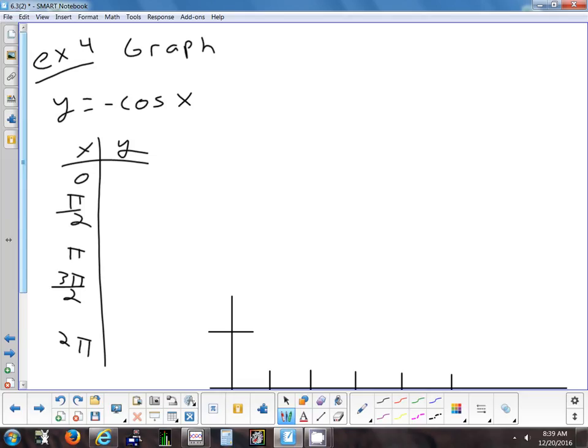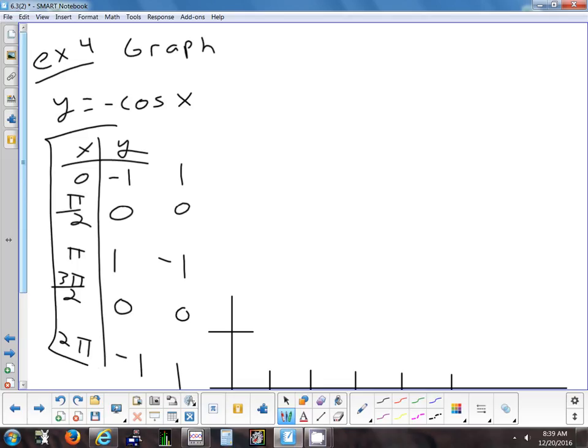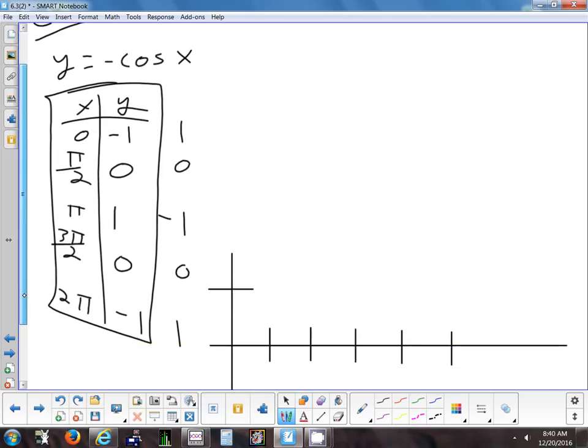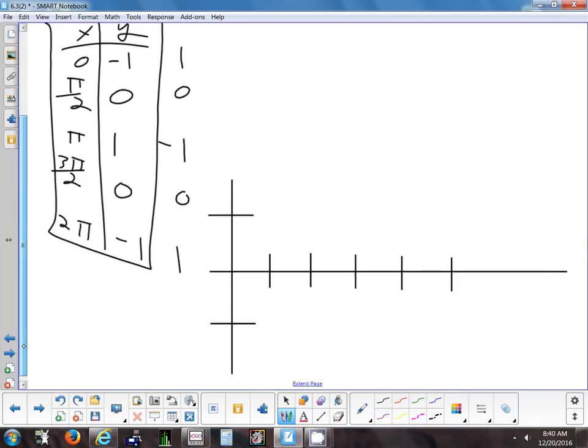All right, so normally we would have 1, 0, -1, 0, 1. Change the sign of all those numbers: -1, 0, 1, 0, -1. Any questions on that?